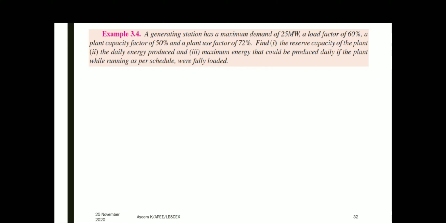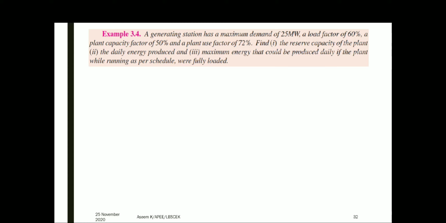Here maximum demand is given as 25 megawatt, but we need to find out plant capacity. Plant capacity is simply average demand divided by plant capacity factor, which is given as 50%. So we need to find out average demand.